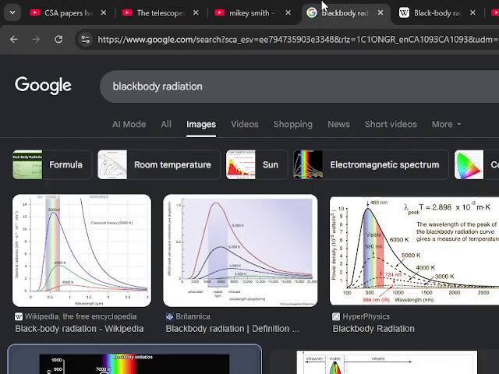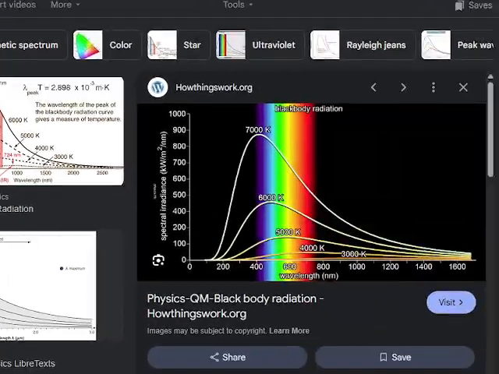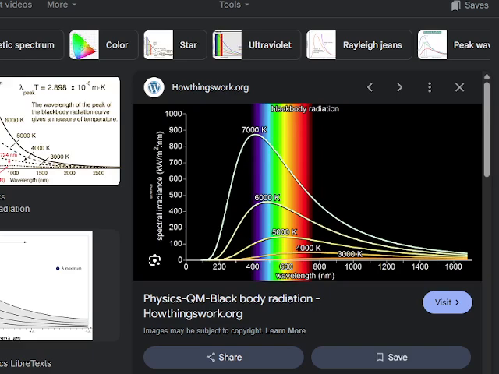Well, these are other examples of light curves. I don't know how well they're showing up. You can look at the Wikipedia one too, but when they figure out the peak wavelength, they can figure out the temperature of the star.